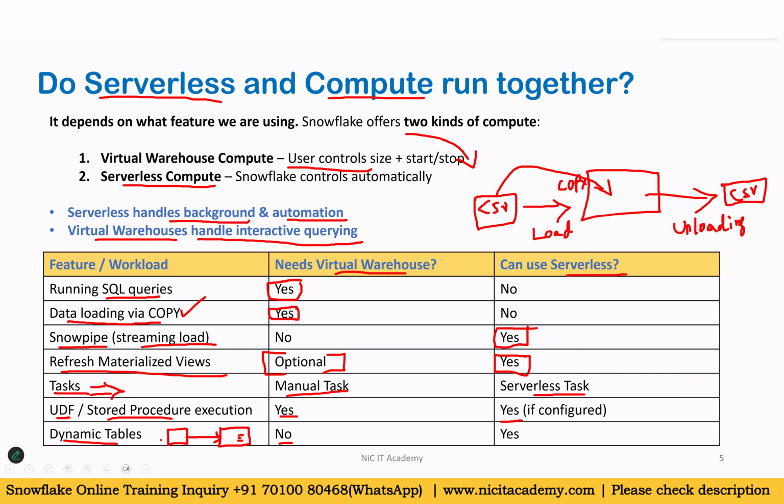If we create a table as a dynamic table, then whenever somebody inserts or updates data in the source, it will automatically insert, update, delete in the dynamic table in the target. Whether we take the history and so on, we can configure. No need to create any ETL pipeline for that ingestion. It's an automated process, so serverless comes into the picture.